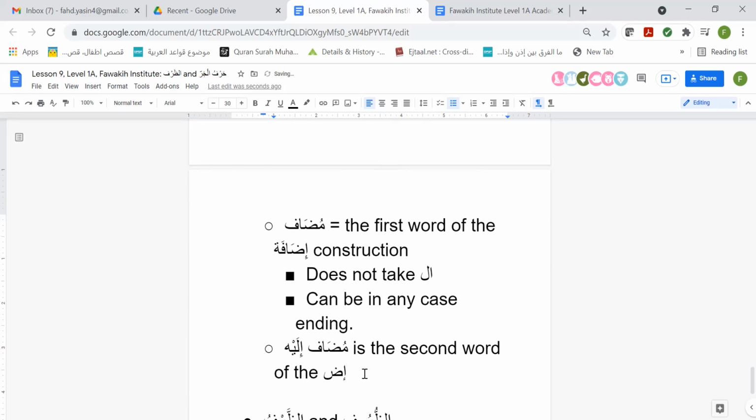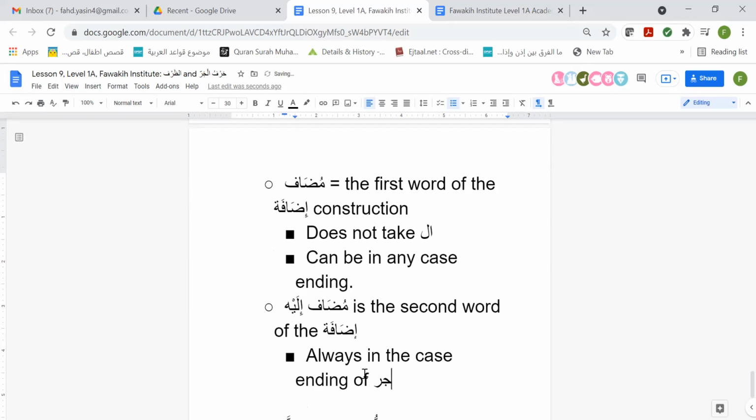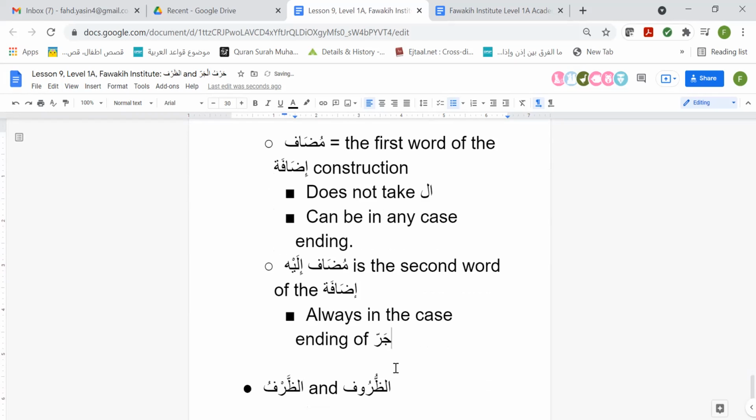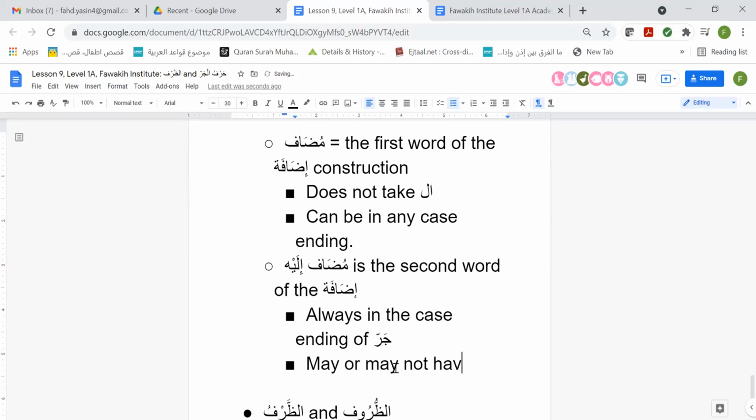Second word of idafa, and it is always in the case ending of jar, with some exceptions, but generally speaking, for your purposes, this is always the case. It may or may not have alif lam, though usually it will have alif lam.